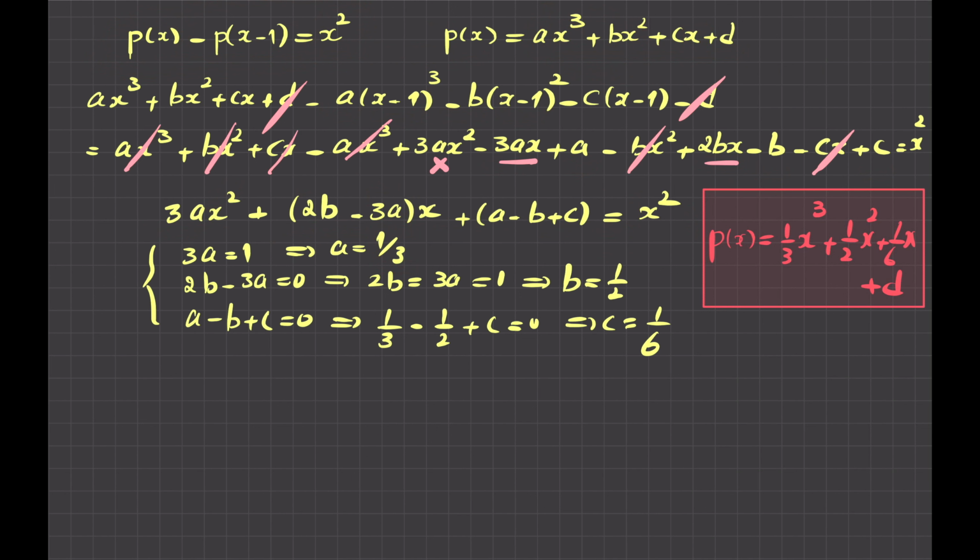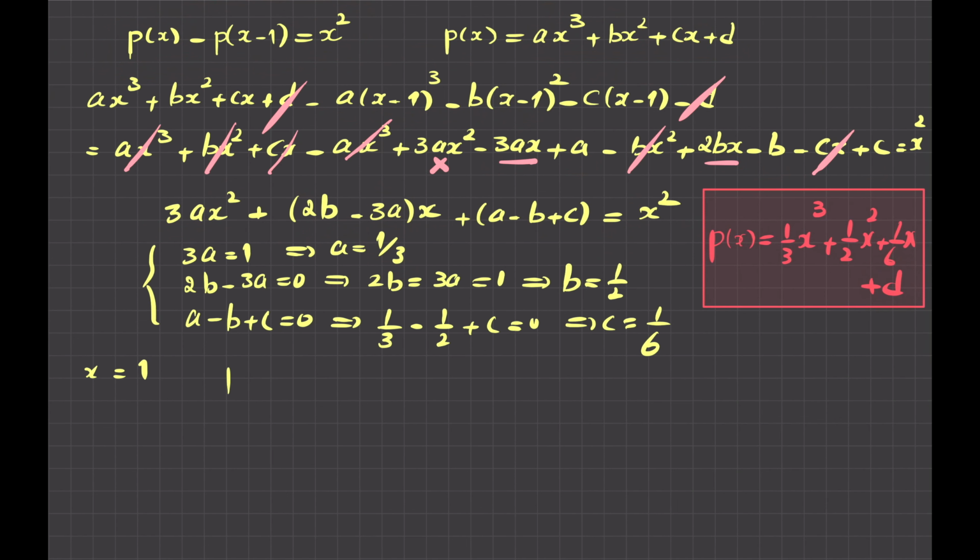Okay, and because d is an arbitrary value, I can choose whatever I like, it doesn't matter. So the simplest possible choice is d equals 0. You don't have to choose d equal to 0, but the simplest choice is d equal to 0. If you don't like it, choose any d, but then you will see that it will not play any role in your calculations. So what I will do, I will choose x to be 1.